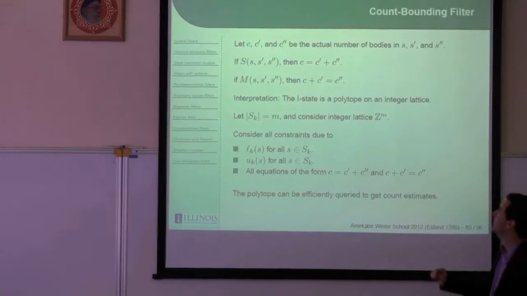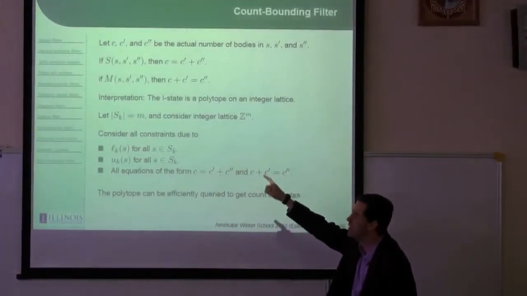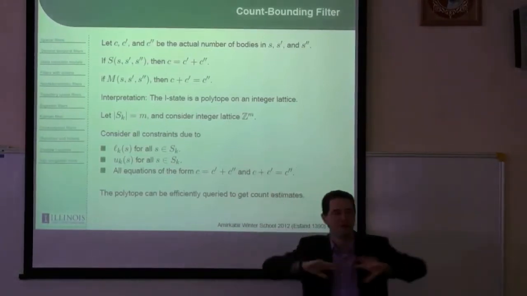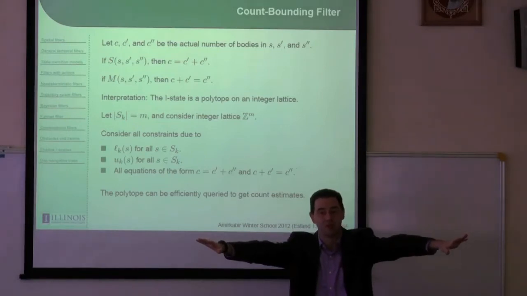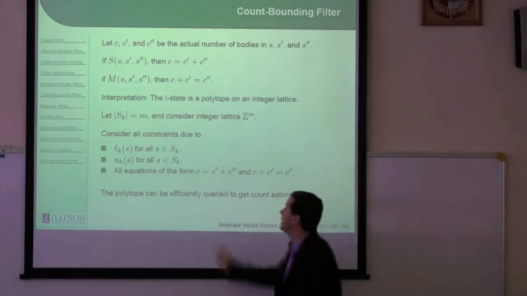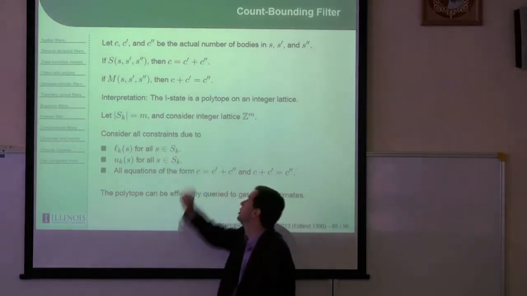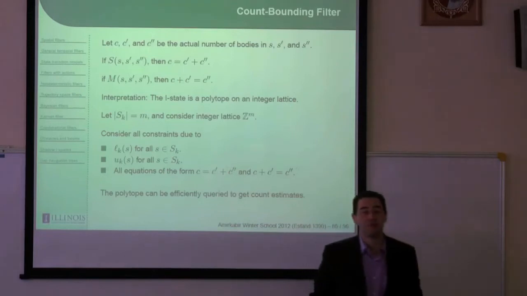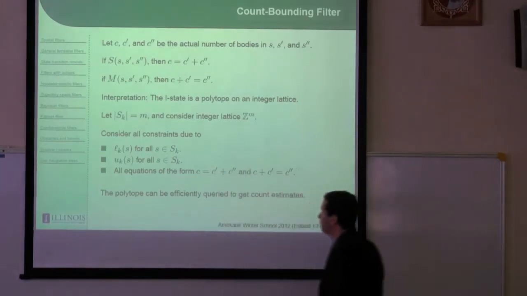If there's a split, then the gap that got split, the total number of bodies there must be equal to the sum of the number of bodies in the 2 shadow components that it split into, correct? So it's very interesting. You accumulate an equation. In the case of merge, you accumulate an equation. The 2 individual shadows that merge are going to be equal, in terms of the number of bodies, to the number in the shadow that they merge to.